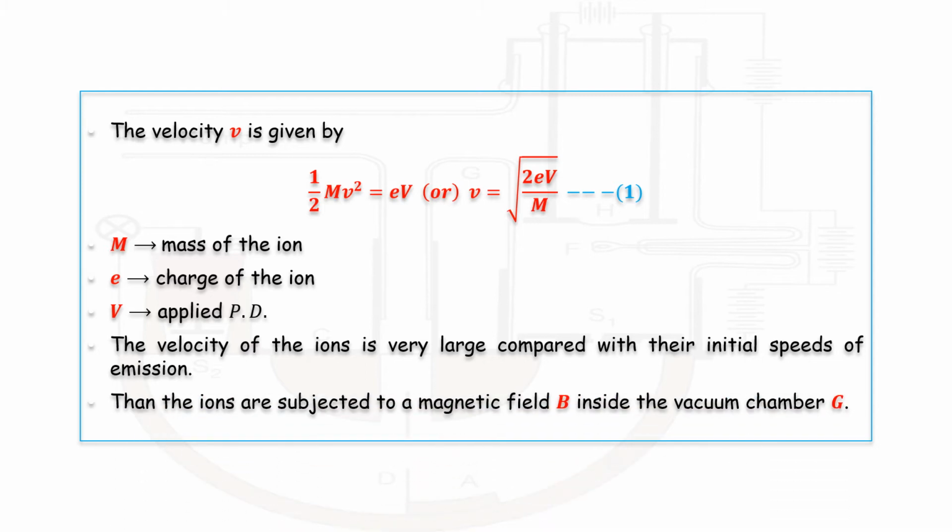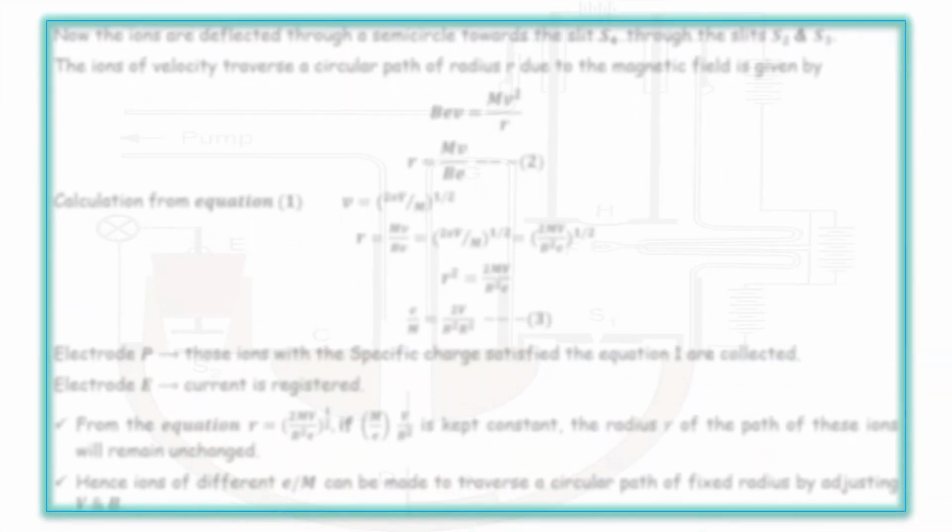Then the ions are subjected to a strong magnetic field B, which is kept inside the vacuum chamber capital G. Now the ions are deflected through a semicircular path towards the slit S4 through the slits S2 and S3.